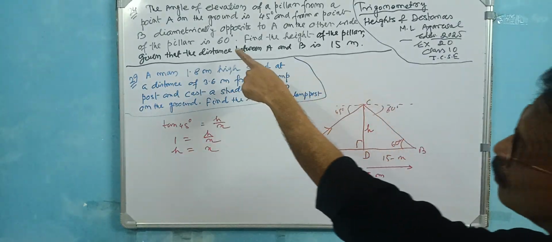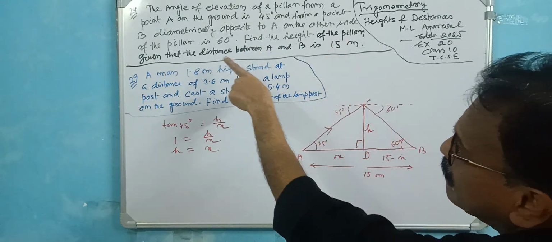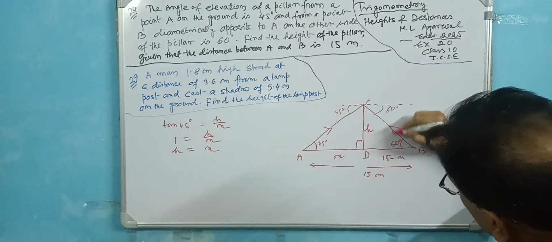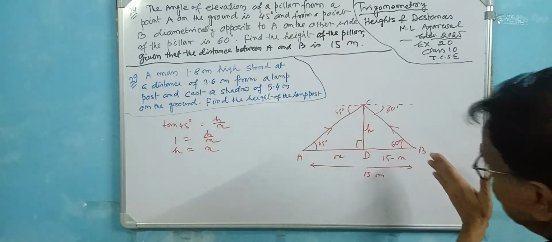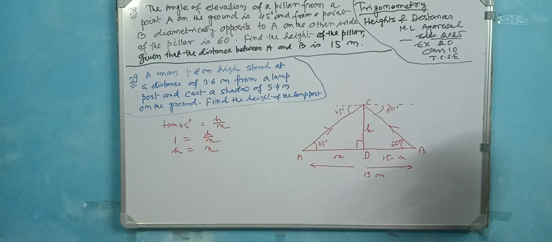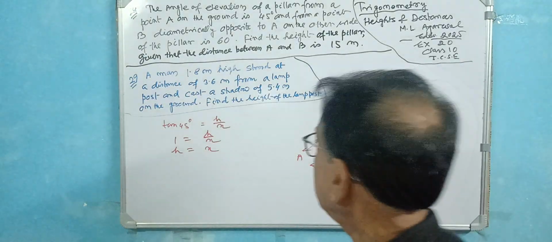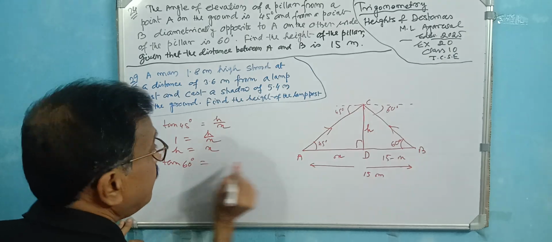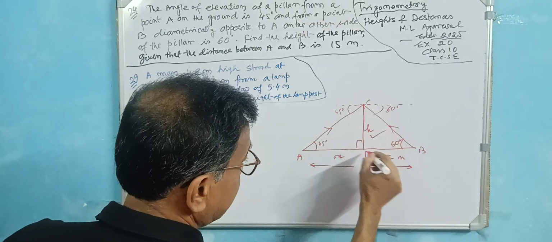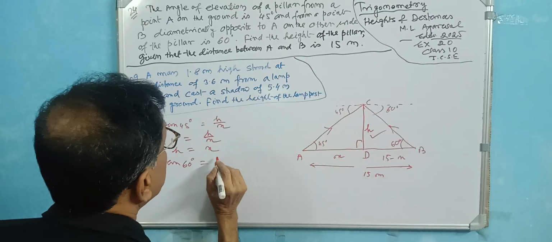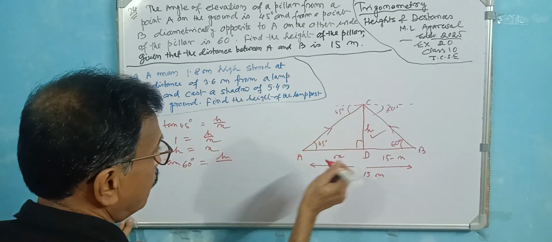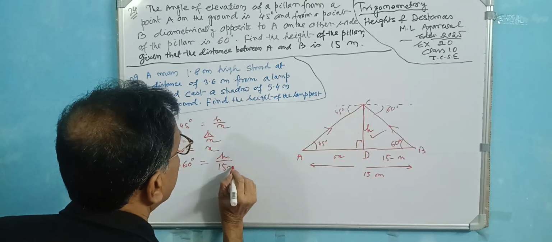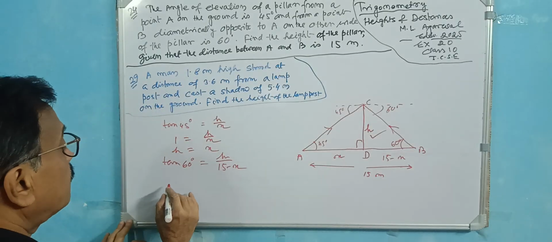Now on the pillar side, this also is an angle of elevation. Now tan 60, in this angle CDB, means h by 15 minus x. What's the value of tan 60? Root 3.